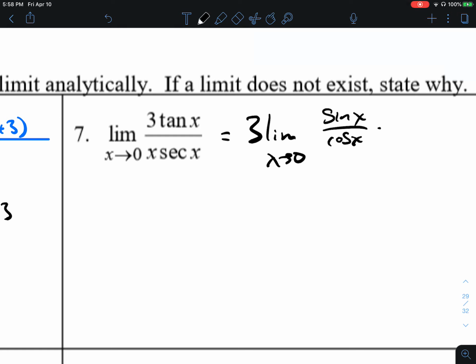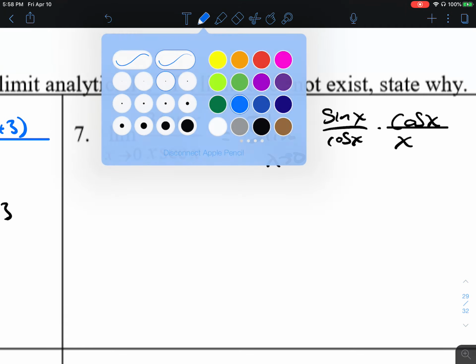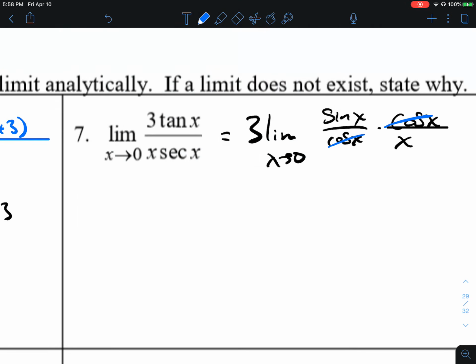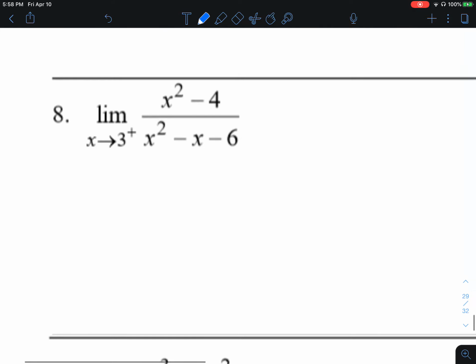This x is going to stay on the bottom. And instead of this being divided by secant, I'm going to use its reciprocal, which is times cosine. Cosines cancel. Now we have the limit as x approaches 0 of sine of x over x. These are the same angles. Therefore, that limit is 1. So this is 3 times 1, which is 3.